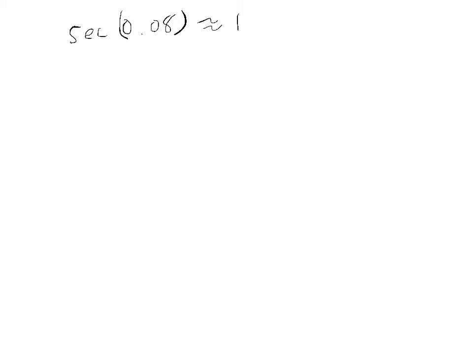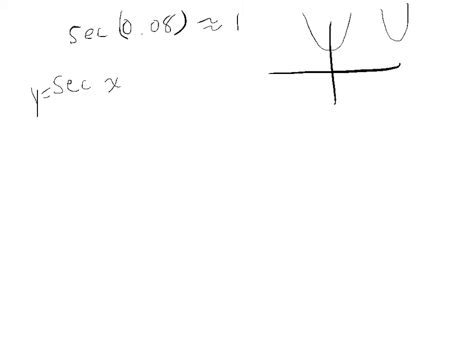So, if you looked at the secant of x, if you remember this from your awesome pre-calculus teacher, that graph looks like this, and there's some of it. I don't have to be that specific, but you can see that the secant of 0 is 1 right here.